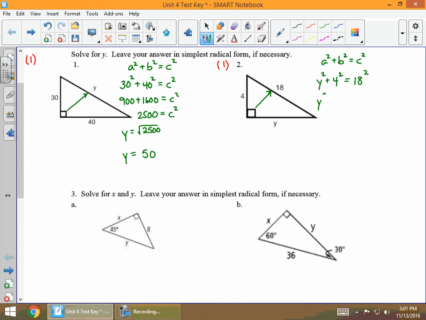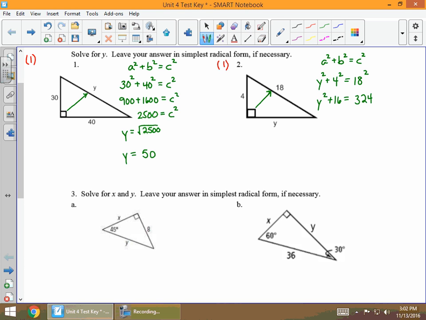That is y squared plus 16 is equal to 18 squared, which is, grab a calculator, 324.